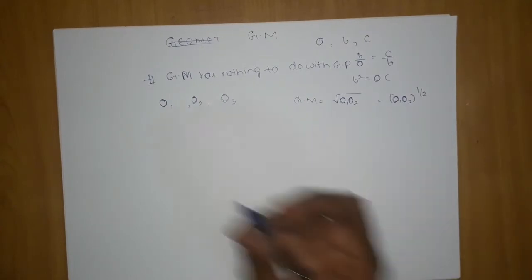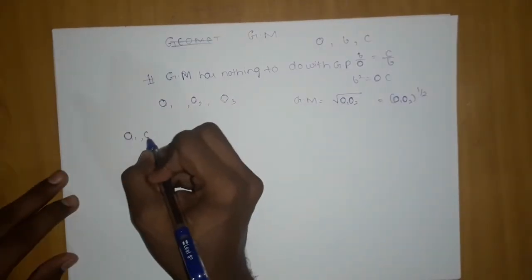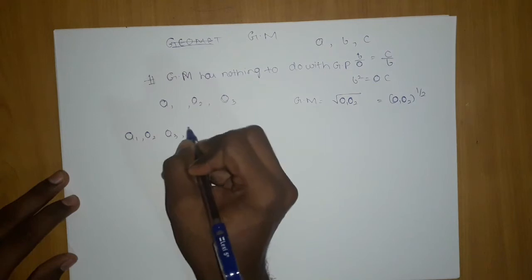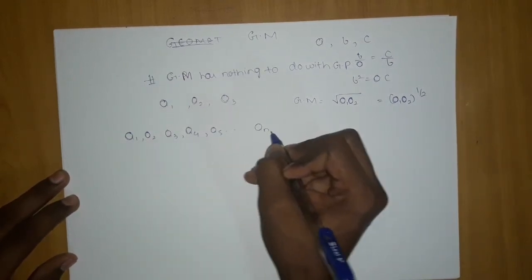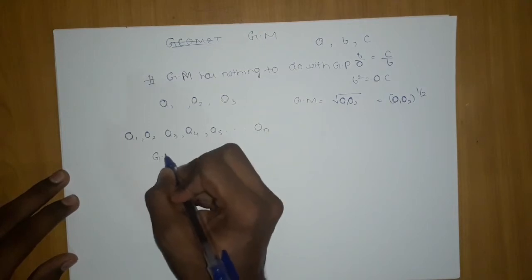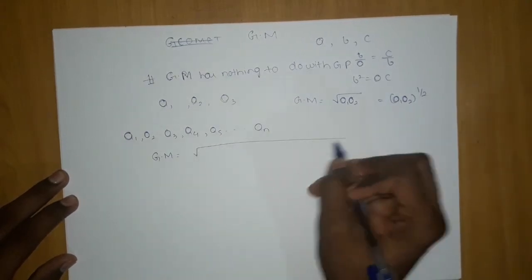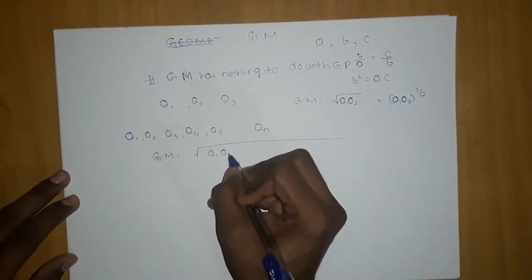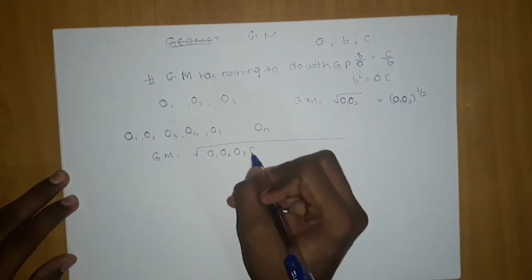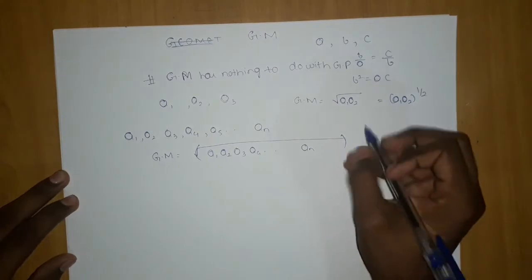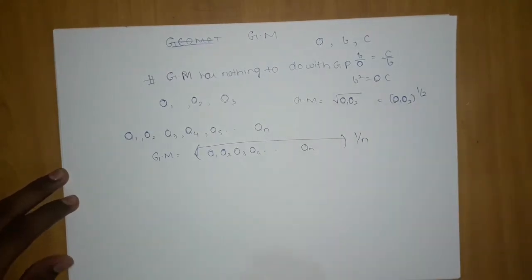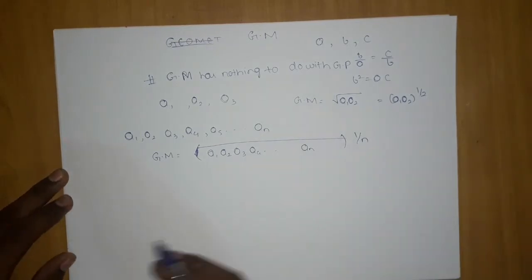Now if I tell you that there are A1, A2, A3, A4, A5 till AN, then what will be its GM? Its GM will be the whole product A1 A2 A3 A4 till AN, power 1 by n, where n is the number of terms.